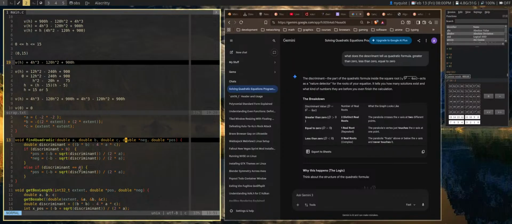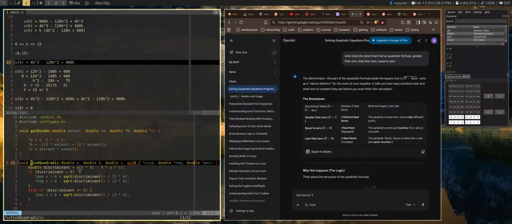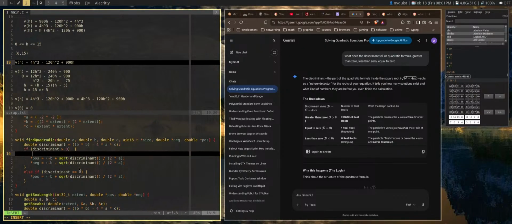And we should have a way to determine how many outputs we have, I guess. Int size, I guess. Why is that an error? Int, there we go. Size equals 1.